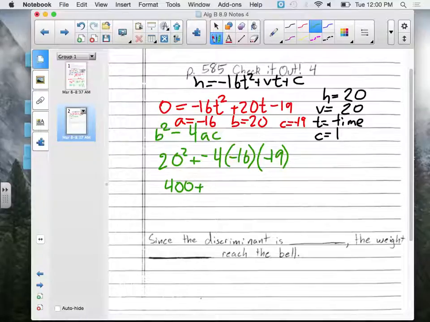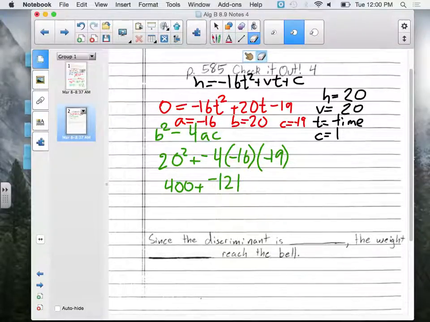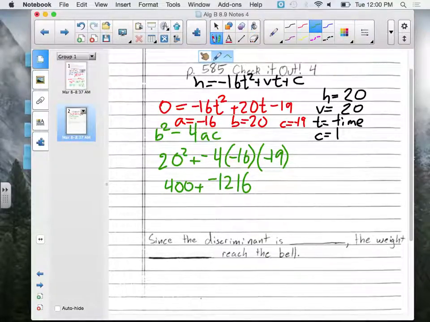Negative 4 times negative 16 times negative 19. 1,216. All right, and what is 400 plus negative 1,216? Negative 816. And that is our discriminant, right?